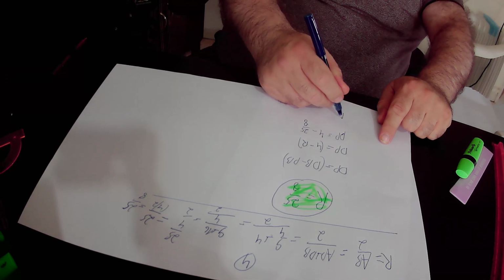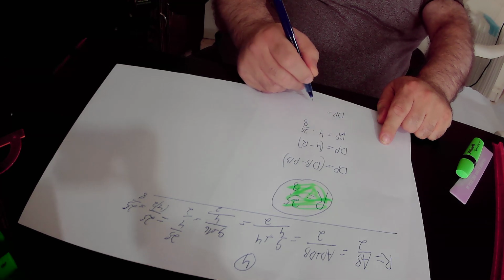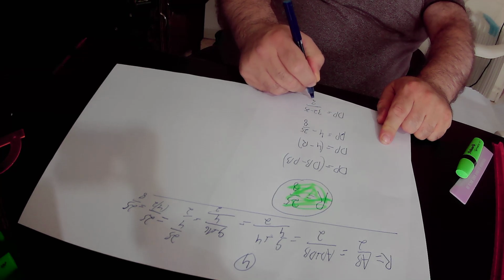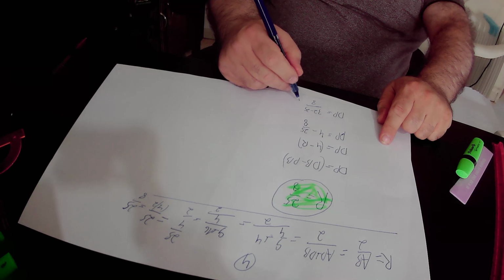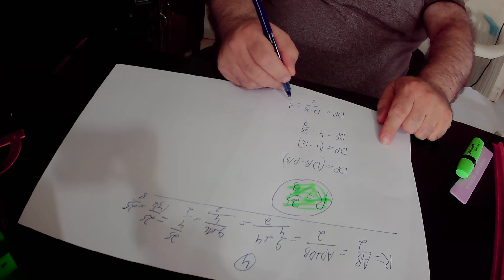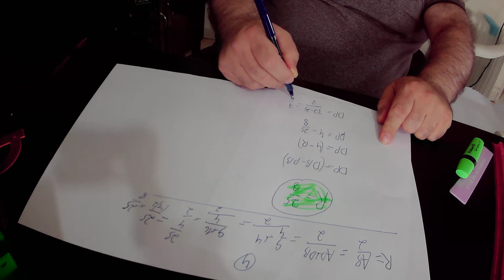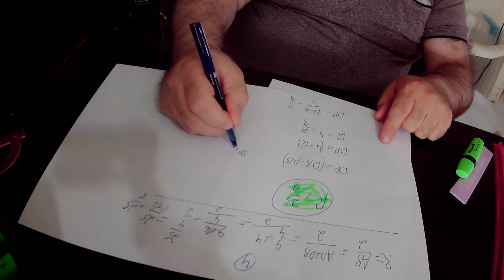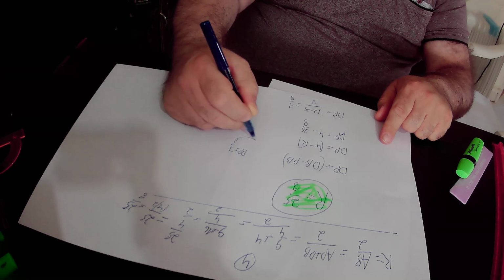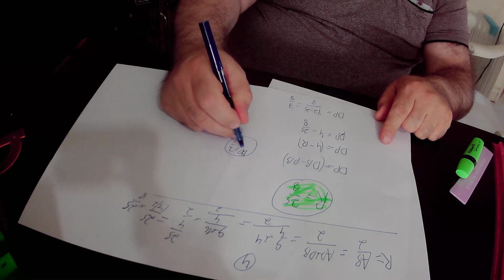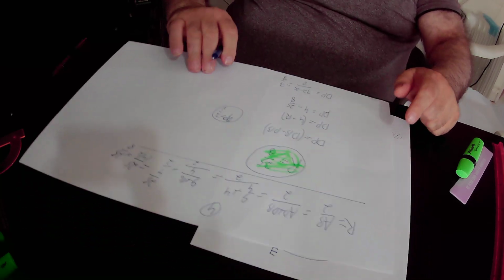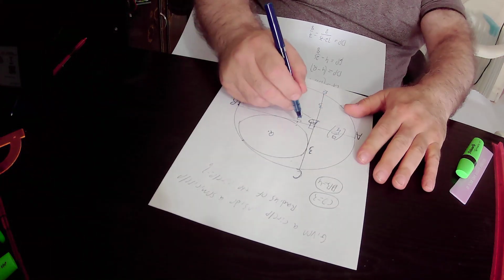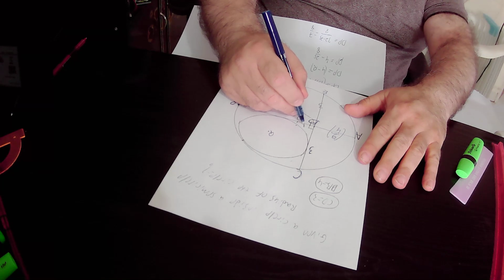So we get that DP equals 4 times 8 is 32, minus 25, over 8. 32 minus 25 is 7. So in conclusion, DP equals 7/8. So the length of the short line segment DP is equal to 7/8.